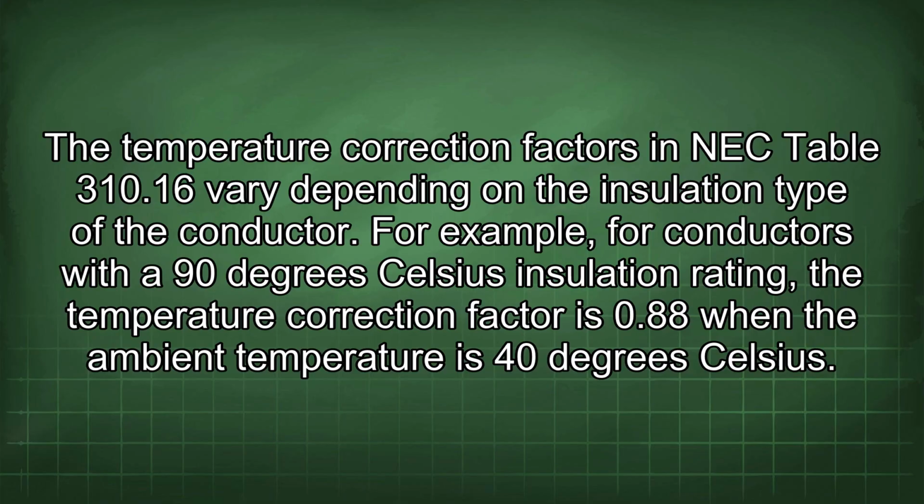The temperature correction factors in NEC Table 310.16 vary depending on the insulation type of the conductor. For example, for conductors with a 90 degrees Celsius insulation rating, the temperature correction factor is 0.88 when the ambient temperature is 40 degrees Celsius.